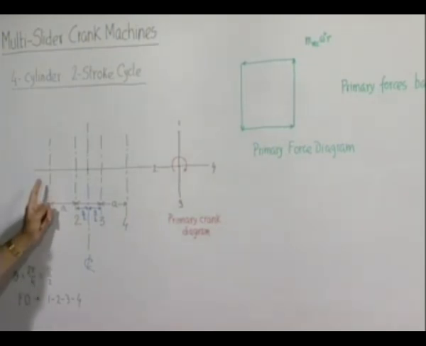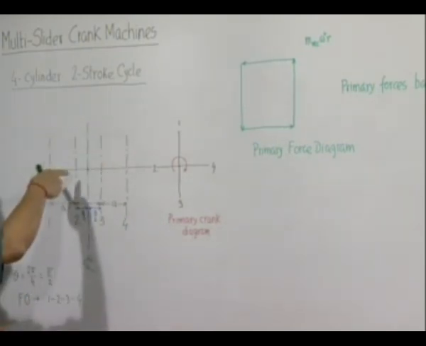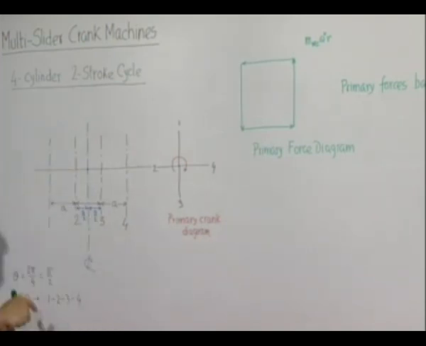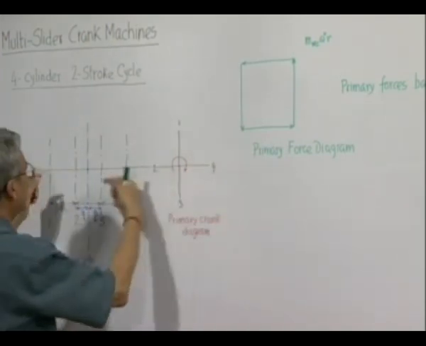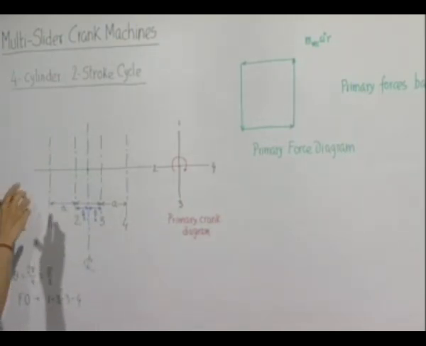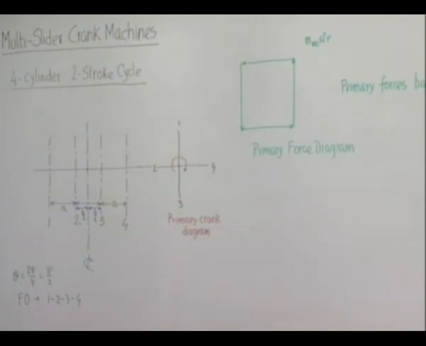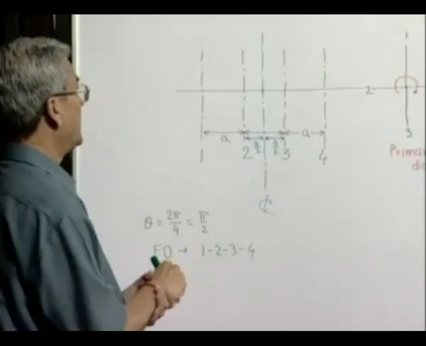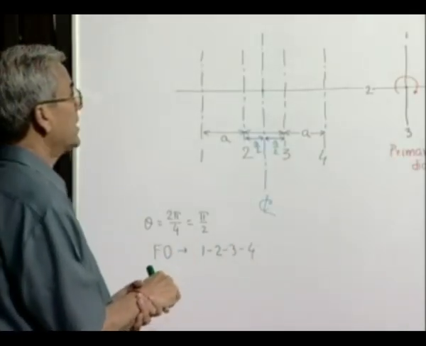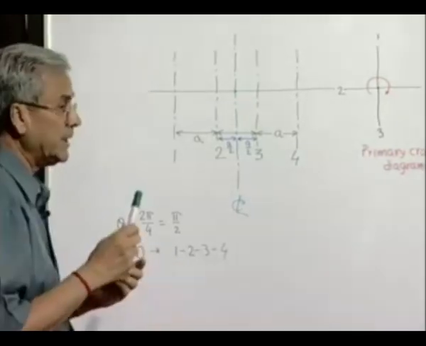Suppose there is a force like this, it will produce a moment which will be going inside the board, and when seen from this side it will be towards the right. If all the forces are on one side of the point about which we are taking the moment, then we will get the same geometric figure of the moments if we rotate the whole diagram by 90 degrees. We have seen that.